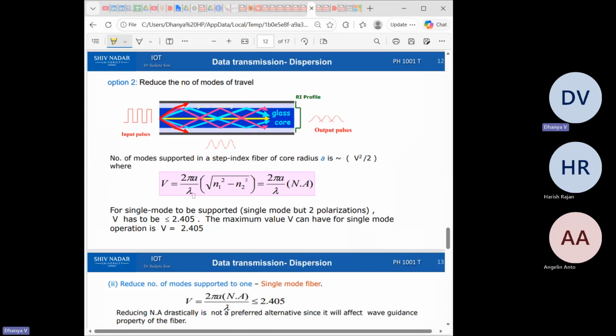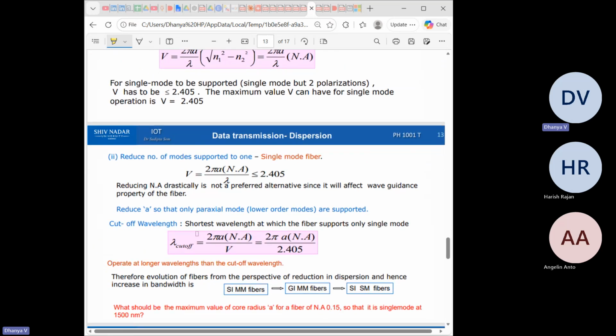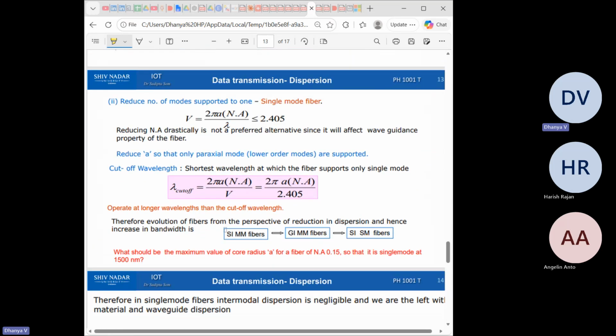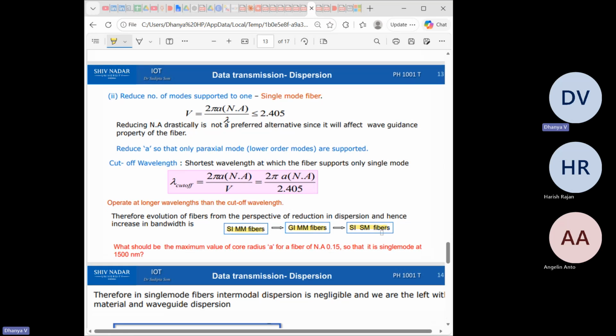And again, the same formulas, the V number. This is extremely important. This is what the evolution began with: single mode and multimode fibers, then step index multimode fibers, graded index multimode fibers, and then step index single mode fibers.